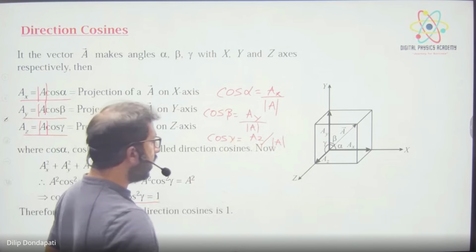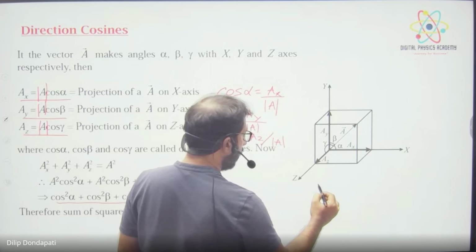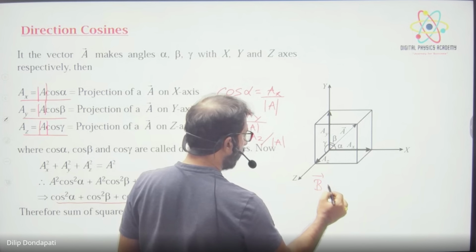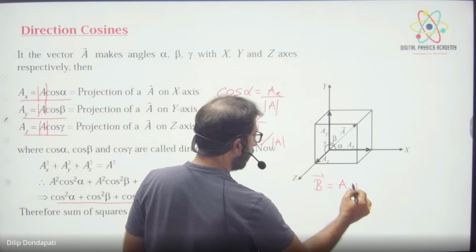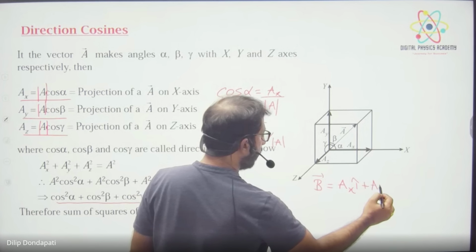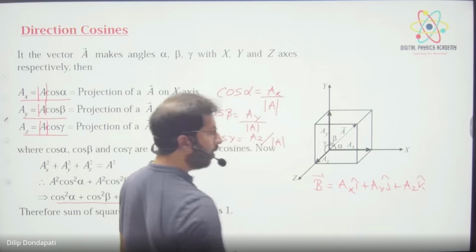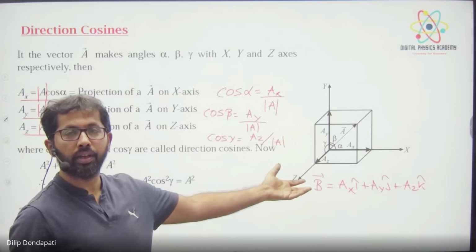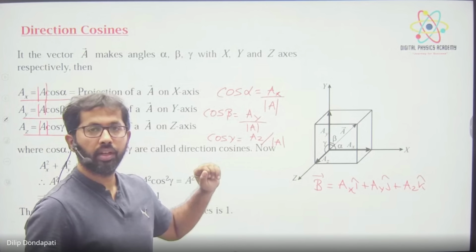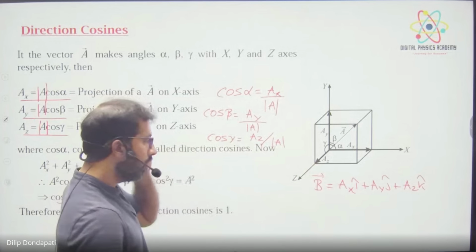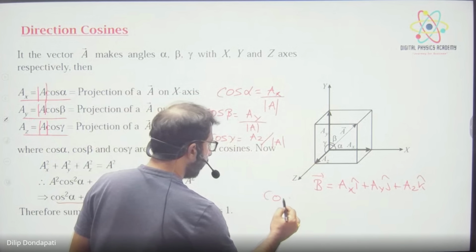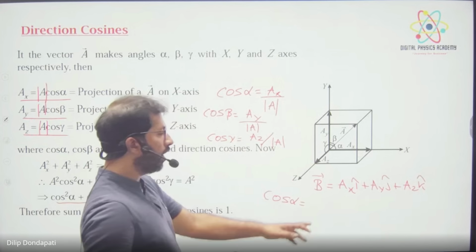Suppose in the exam they give vector B equal to ax i cap plus ay j cap plus az k cap. Then how to find the direction cosines of this vector? First find the magnitude.